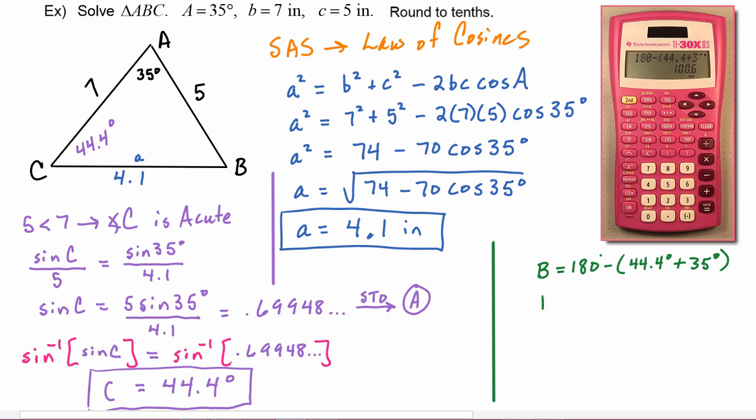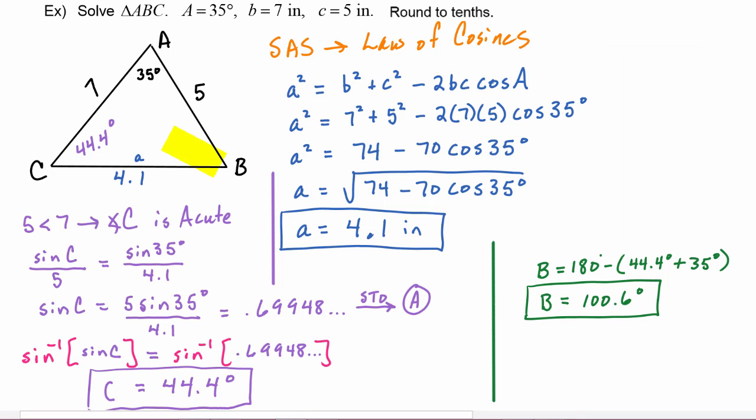And we find out that B is equal to 100.6 degrees. And let's get that in our picture. Now we have all three sides of the triangle, all three angles of the triangle, and the triangle is solved.